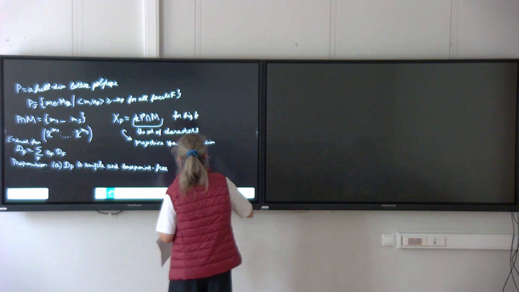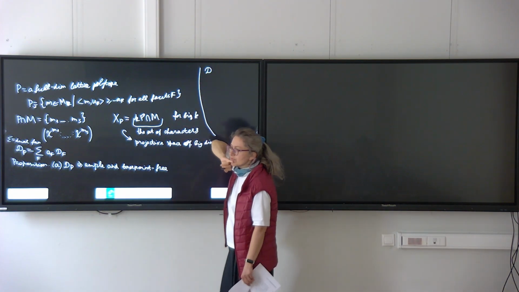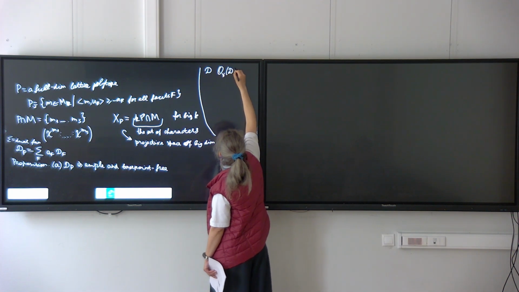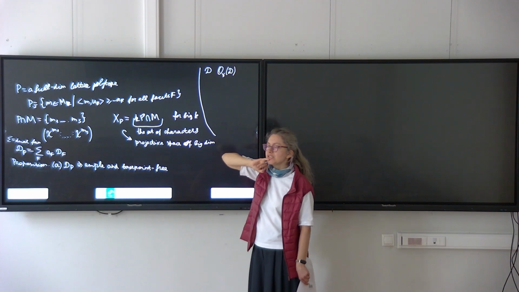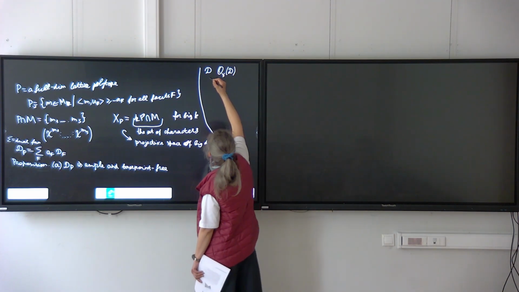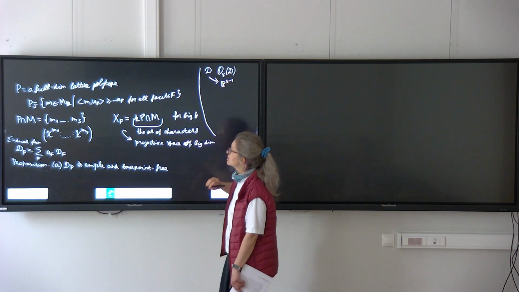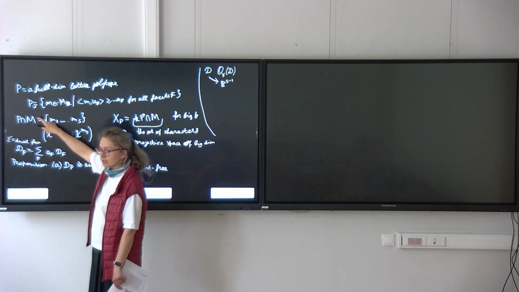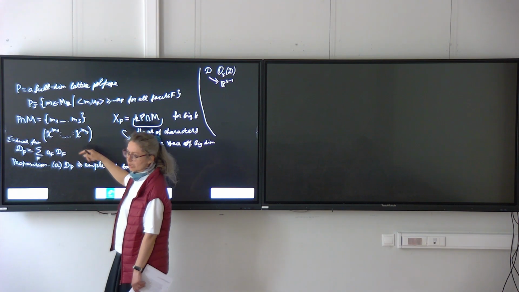I didn't say. So suppose that we have a divisor D, and we have its global sections. We know that it is finite dimensional, and it gives us a map to some projective space, P^(S-1), since the global sections are given in this way.